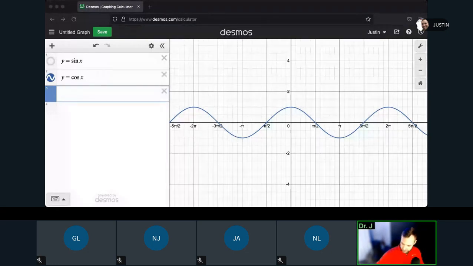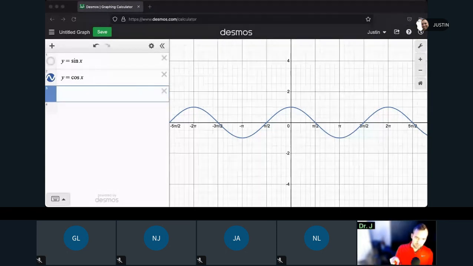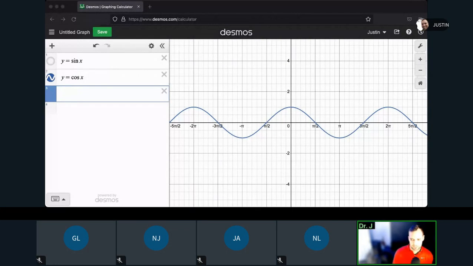Those are coterminal angles. 0 and 2 pi are coterminal angles because on the unit circle, they're in the same spot. 0 is no rotations, 2 pi is one rotation. I can go 4 pi, which is a second rotation, and so forth. So 0, 2 pi, 4 pi, 6 pi, 8 pi are all coterminal angles. So it should make sense why 0 and 2 pi have the same x value: we're in the same spot.